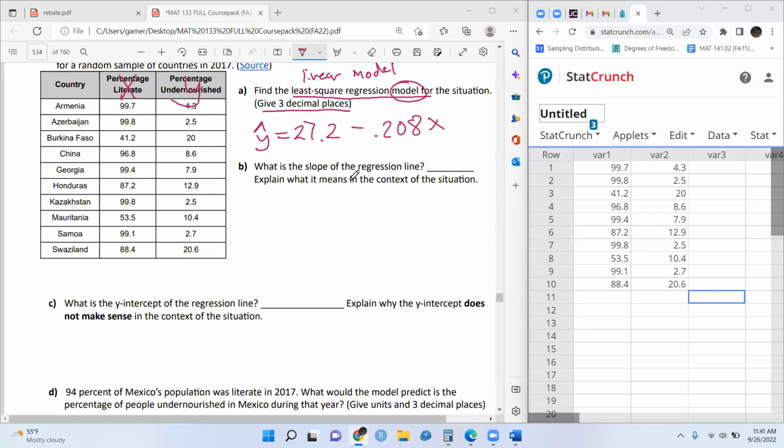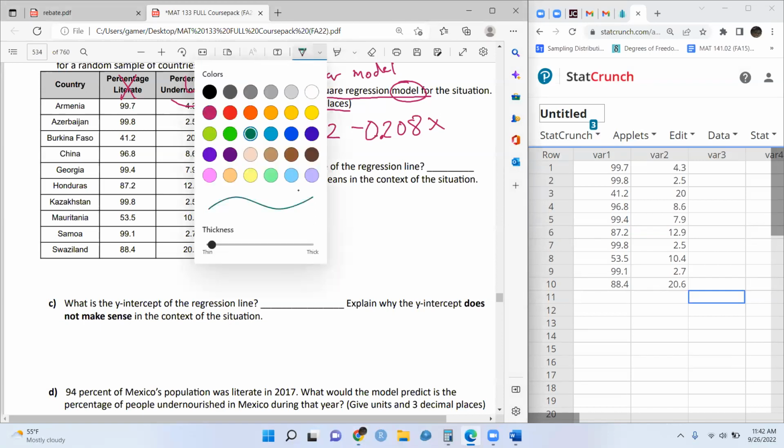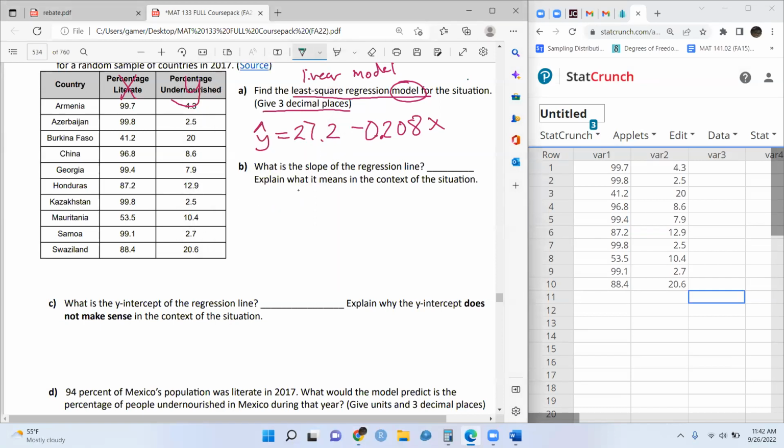Okay, so what's the slope then of this regression equation? Now that we've gotten it written down correctly, or do you all need a moment? Well, how about we just identify the slope? So we have time to do everything else. Do you all remember which number is the slope?